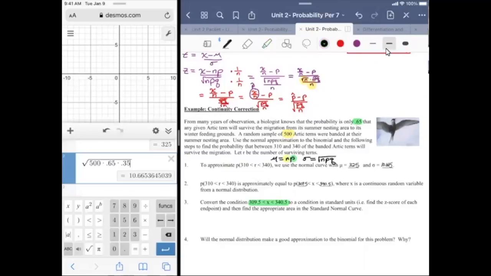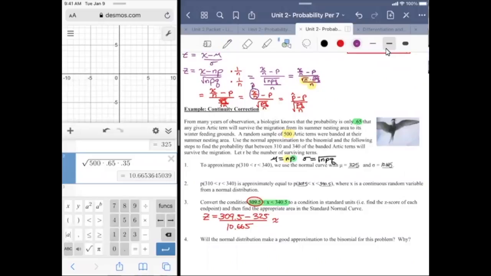So z is 309.5 minus 325 over 10.665. Get an approximate value.